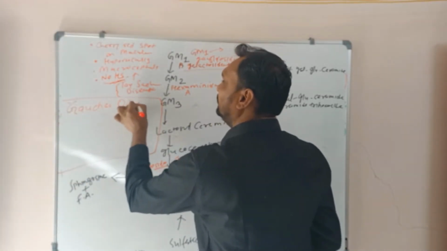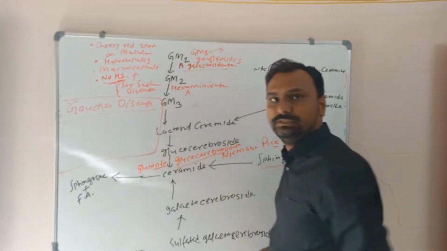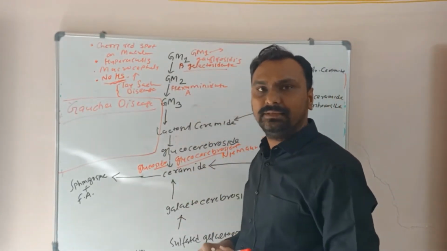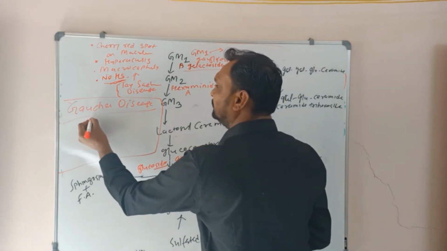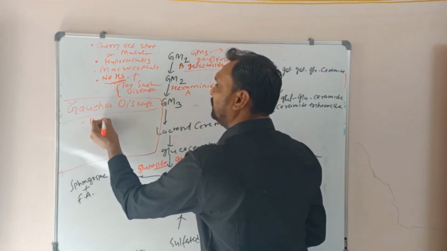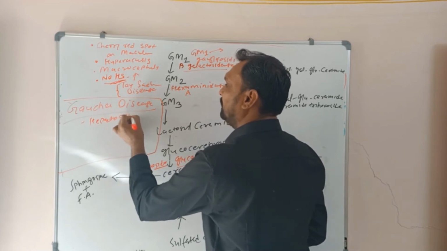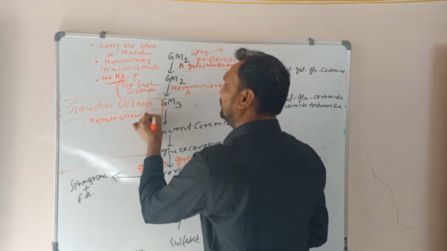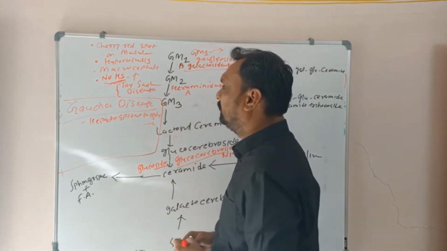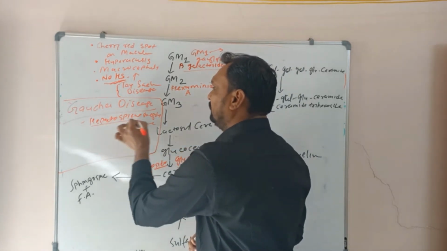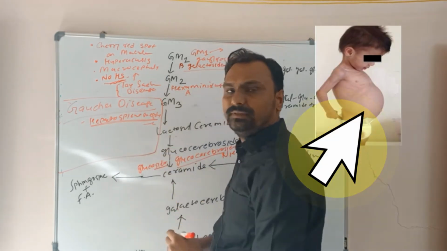Gaucher disease. Now you have to remember this Gaucher disease, because it is frequently asked in the exam. So what are the features of Gaucher disease? There will be hepatosplenomegaly, because of accumulation of glucocerebroside in the reticuloendothelial system. So the abdomen becomes enlarged.